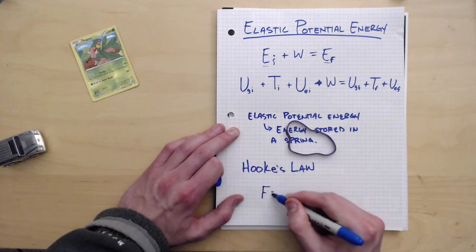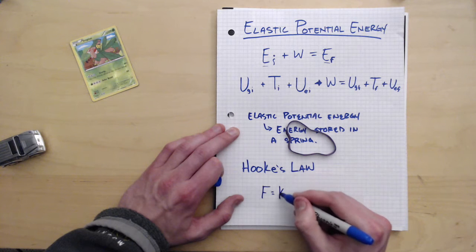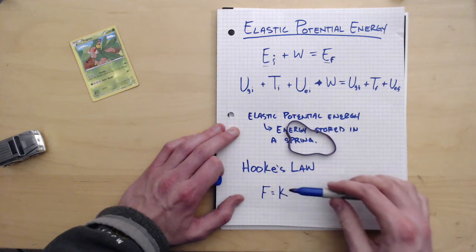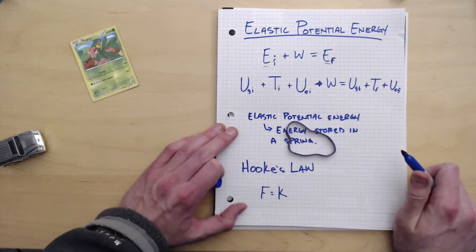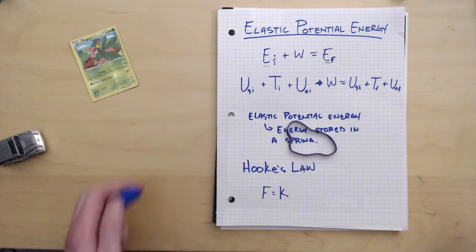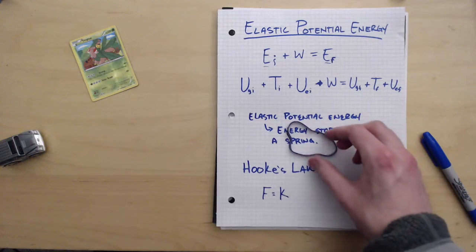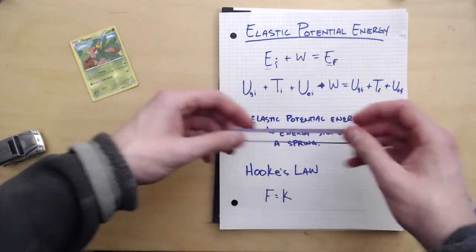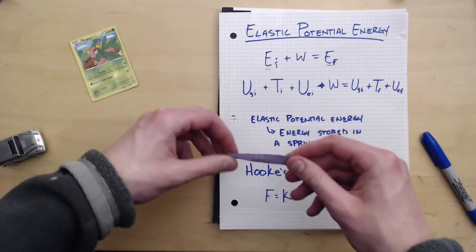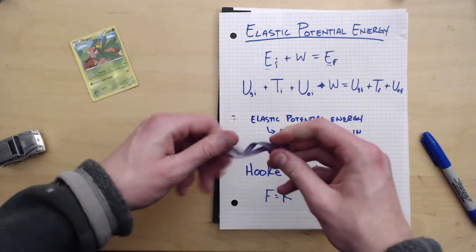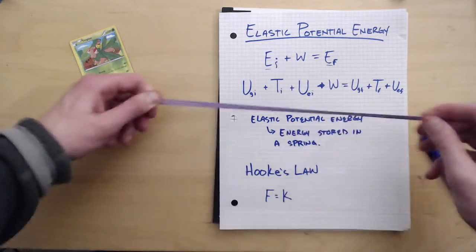Force is equal to k, which is called the spring constant. It's kind of like the coefficient of friction, in that it's going to describe the properties of the spring or the rubber band. Not every spring is going to be exactly like this rubber band.